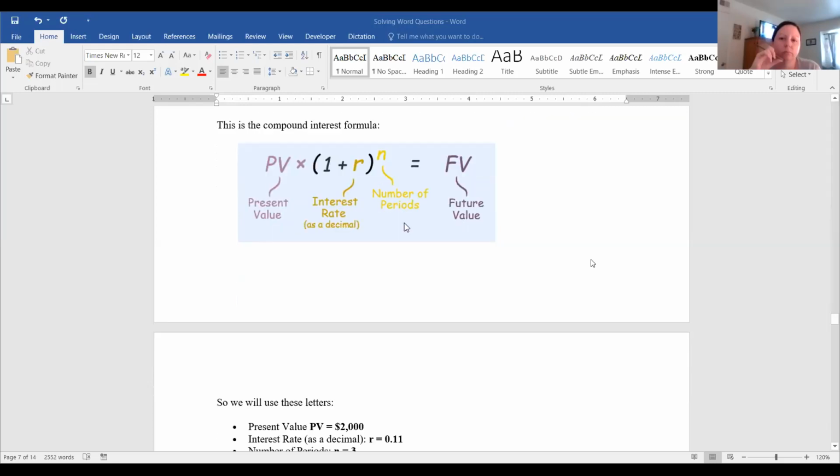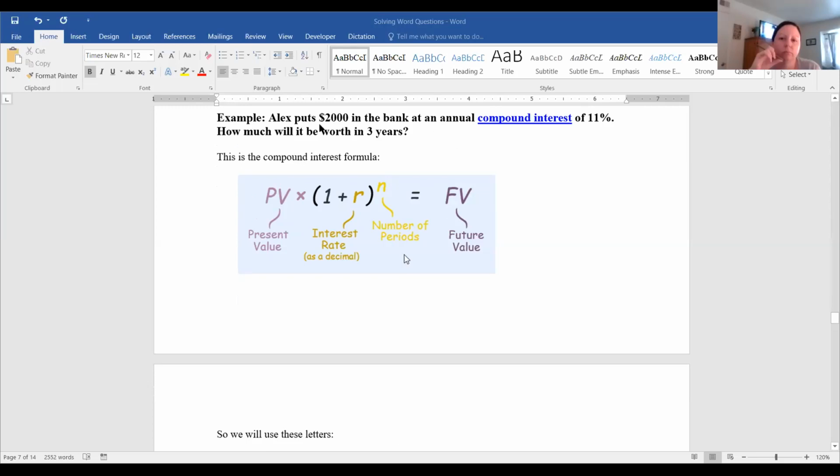Now, we have to look at the wording, annual compound interest. We do not know how often it is compounded, so we assume it is compounded annually. Compound interest is interest that is paid on interest as well as principal. In the first year, we earn 11% of our $2,000, and that is added to the total.